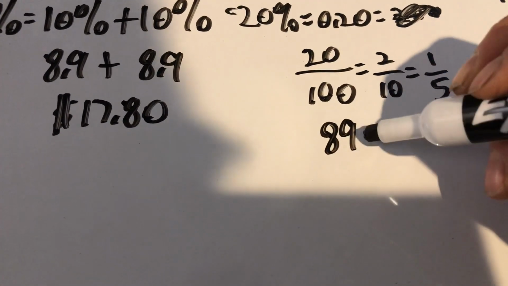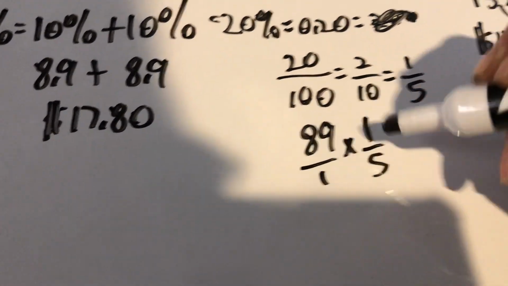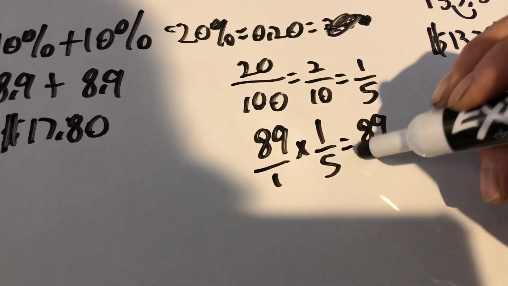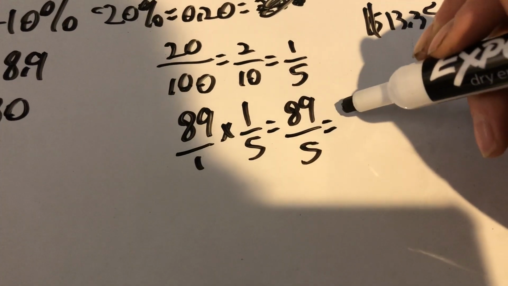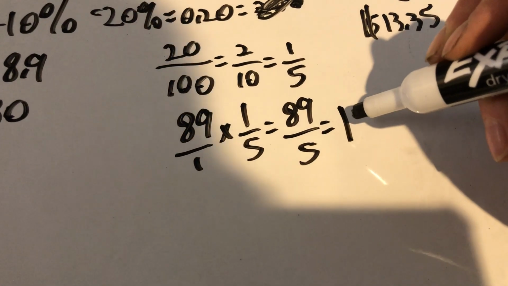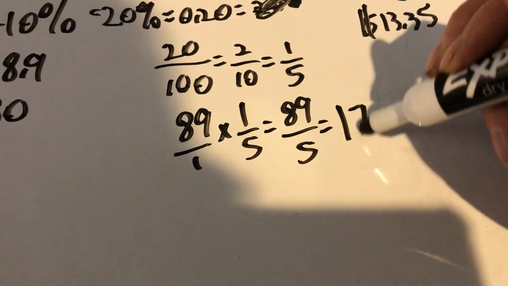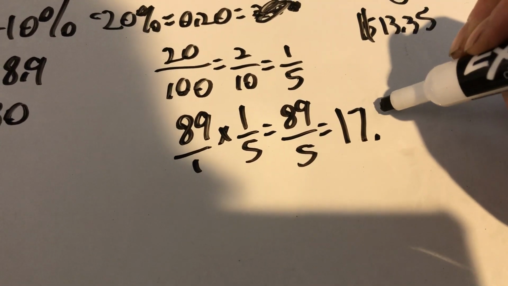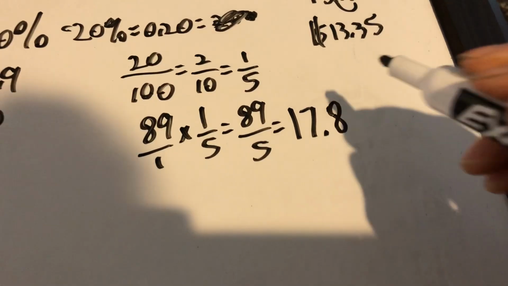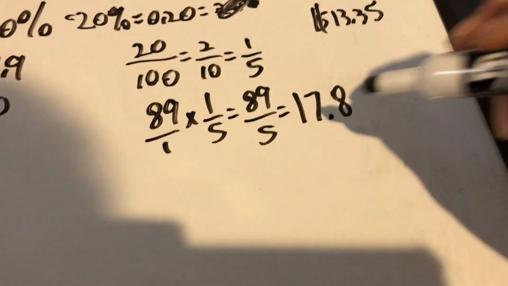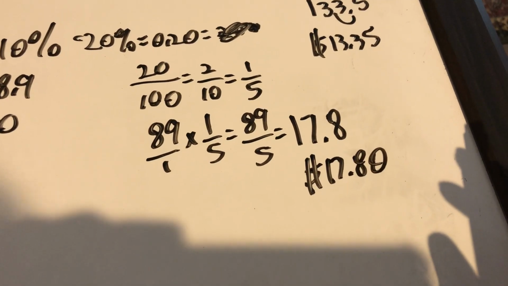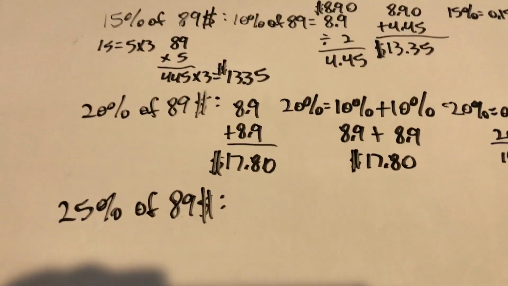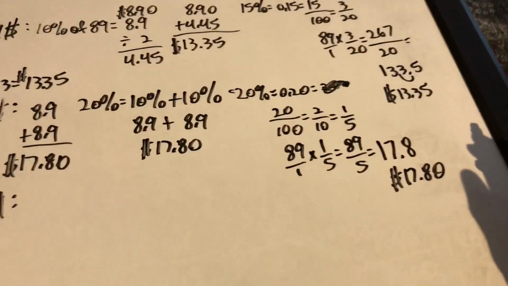So you got 89 times 1/5. You can make this a 1, which equals 89 over 5. So 89 divided by 5 equals 17.8, which is $17.80 as my final answer for the tip. There, so now you know how to find a tip of 20% for $89.